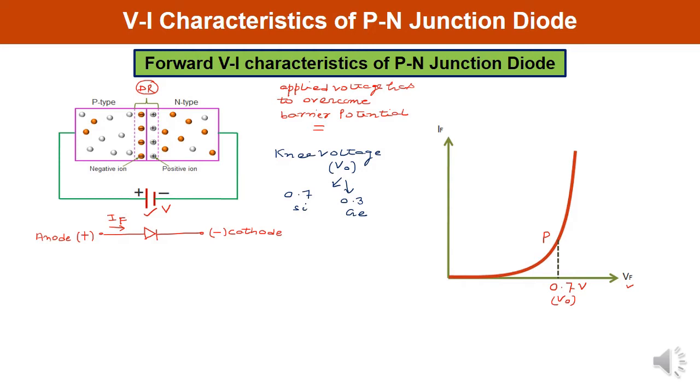And you must remember one point, that the applied voltage across the diode should not increase beyond a specific safe value. Otherwise, the diode will burn out due to the heat. This safe value is provided by the manufacturer for each type of diode. So you must remember this point as well.